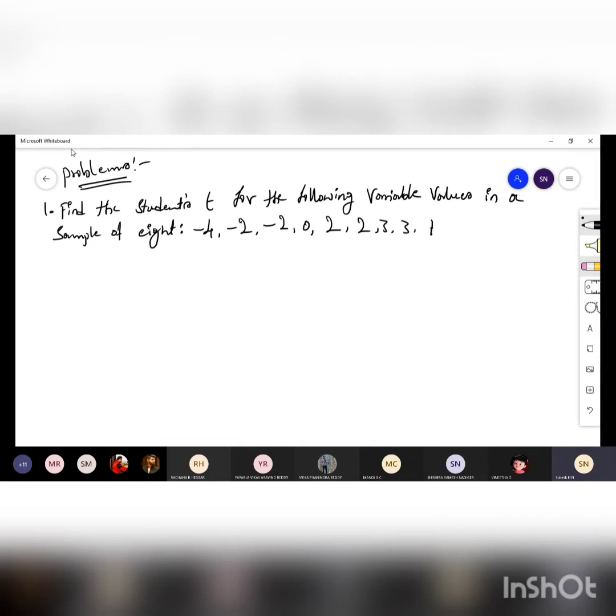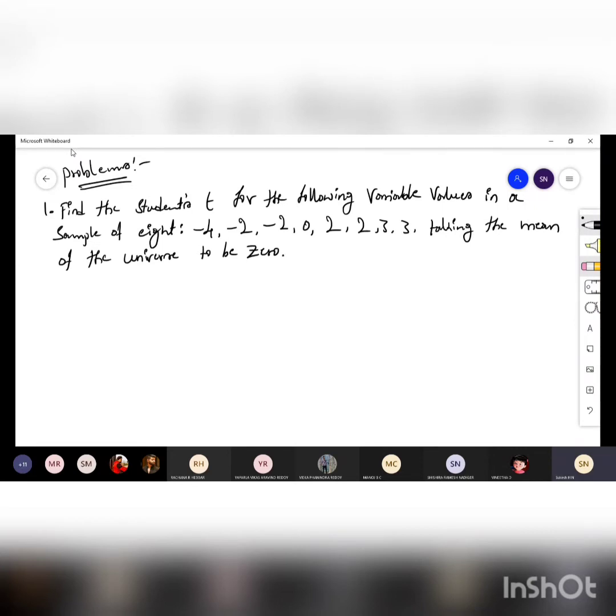Taking the mean of the universe to be 0.